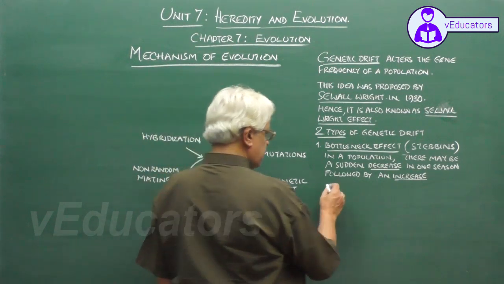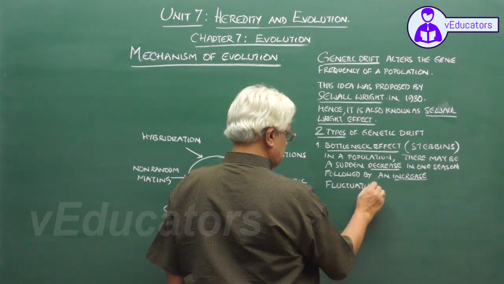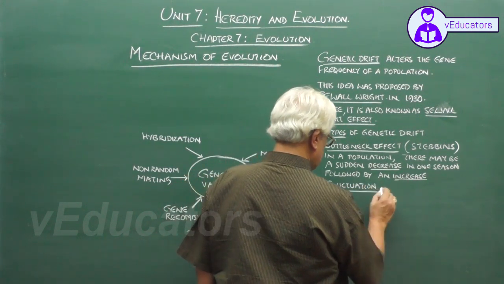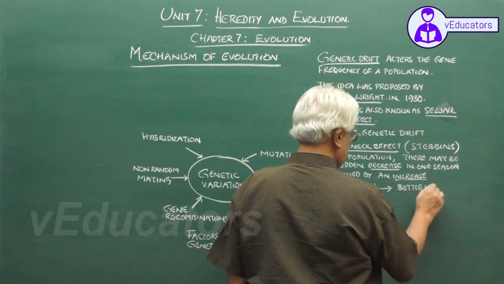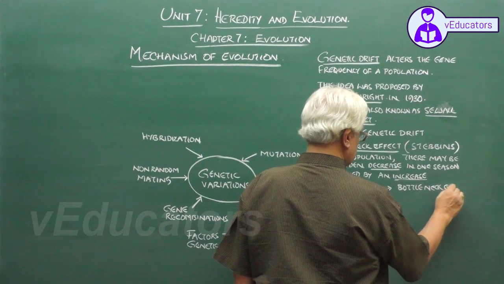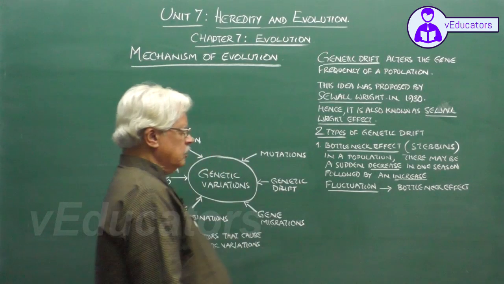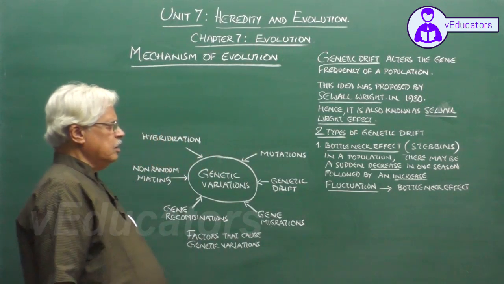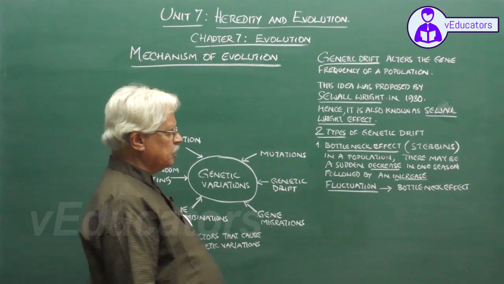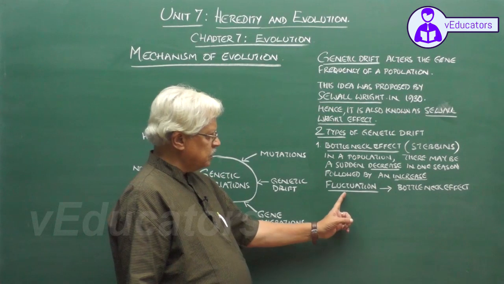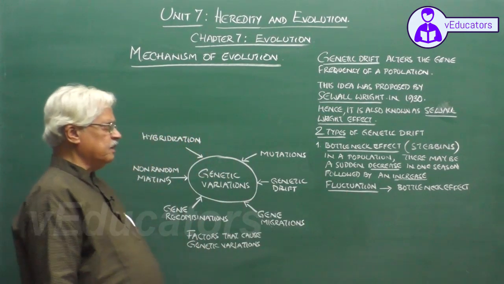So, this kind of fluctuation is what is known as bottleneck effect. So the genetic drift is not uniform. It shows fluctuations, and that is why it is called as the bottleneck effect.